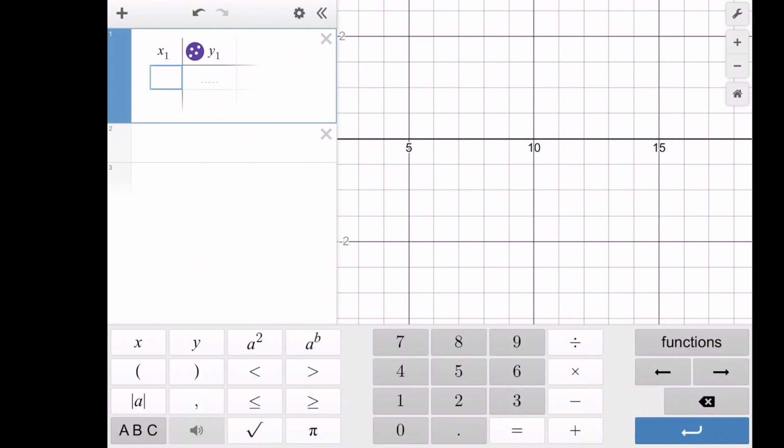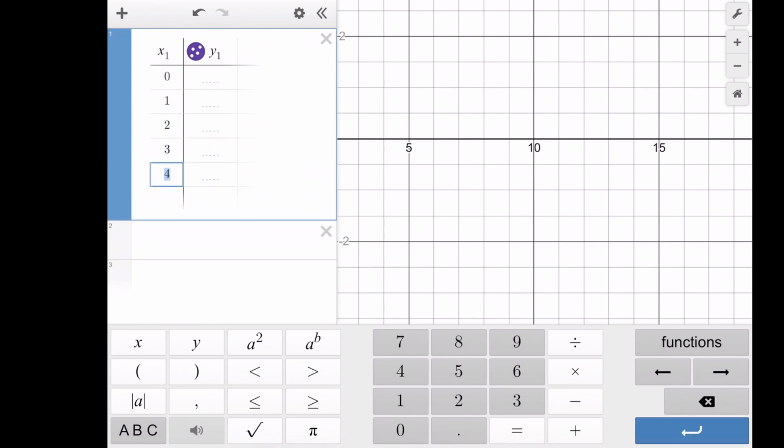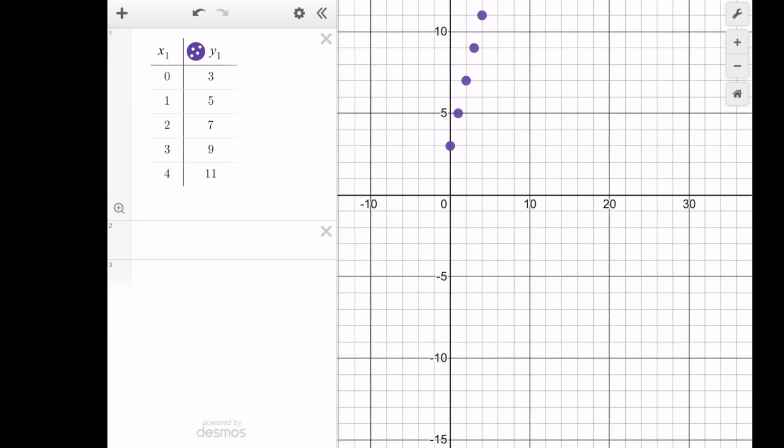So my x's are 0, 1, 2, 3, and 4. The y's are 3, 5, 7, 9, and 11.